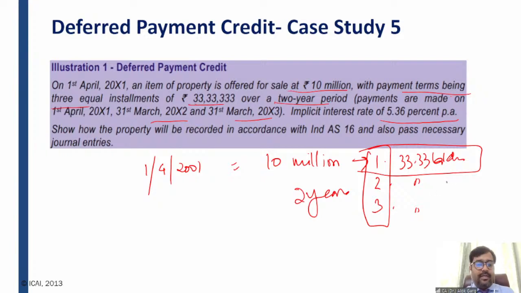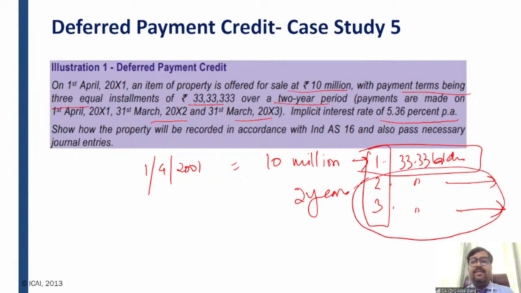It means these 2 installments have a financing component, right? And the discount rate is given at 5.36% per annum. So how to calculate the value of this asset which has to be taken into the books of accounts as a cost of PPE.